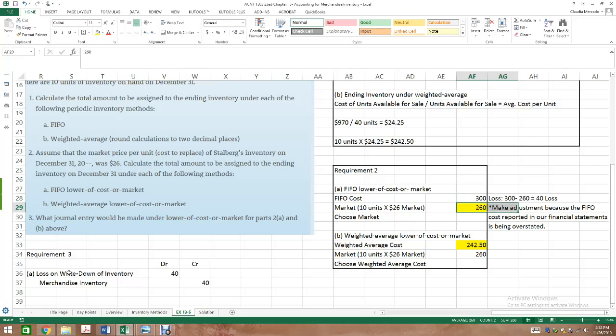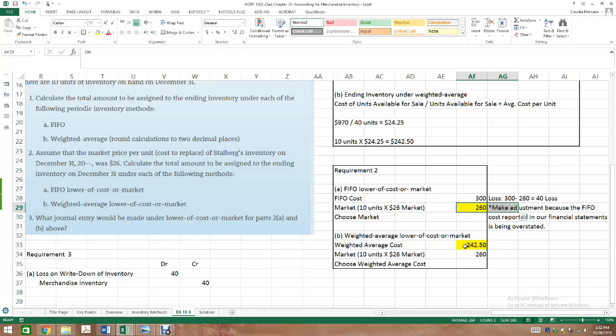Now, for my weighted average, my weighted average cost is $242.50. My market is $260. Because my weighted average cost was lower than my market, I don't have to make any adjustments, because I already have it recorded at the lower cost. You always have to keep the lowest for accounting purposes.